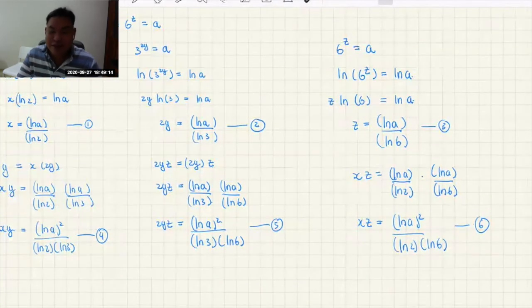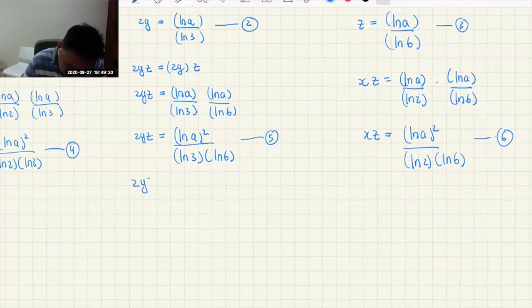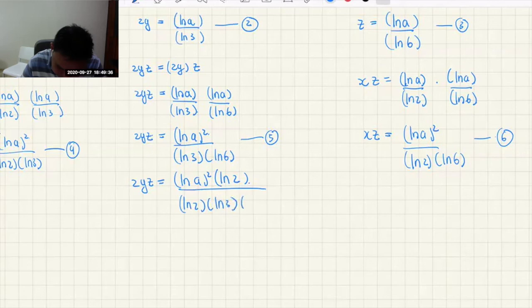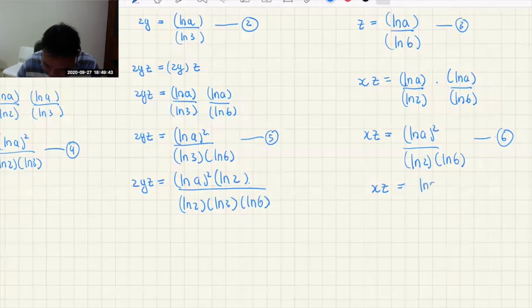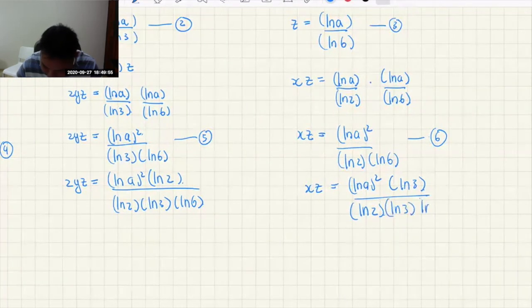So we are going to combine them, making it into a common denominator. 2yz equals ln a square ln 2 over ln 2 ln 3 ln 6. xz equals ln a square times ln 3 over ln 2, ln 3 and ln 6.